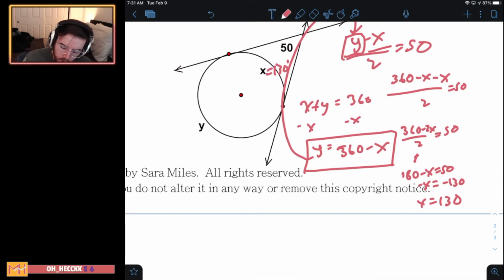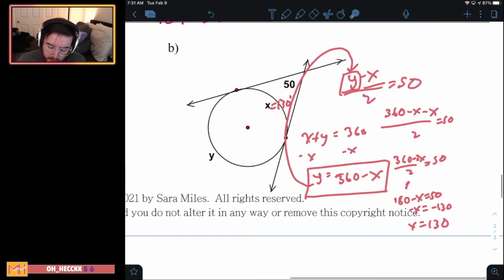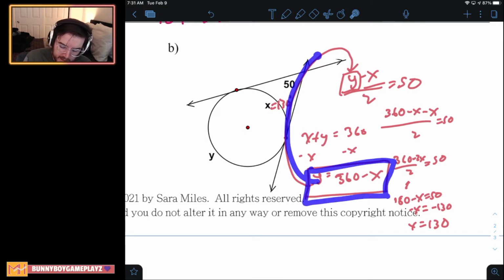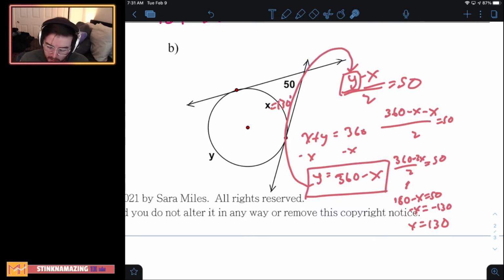I know I did that a little quick, but it's a system of equations. This is something that you saw in Algebra 1. We're using what's called substitution. If we solve for y, we can substitute that in, and then it creates an equation that's solvable. X is 130, making y 230, because it has to add to 360. 230 plus 130 is 360.